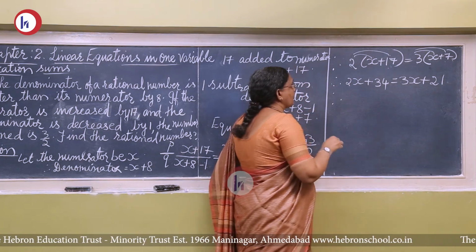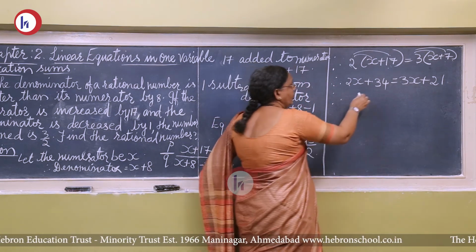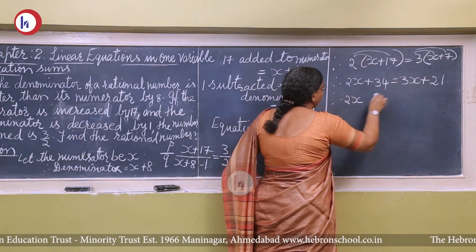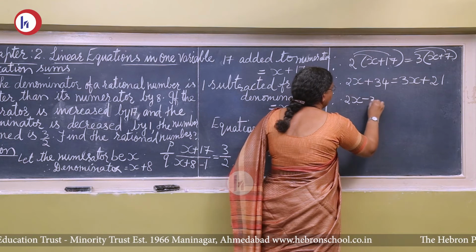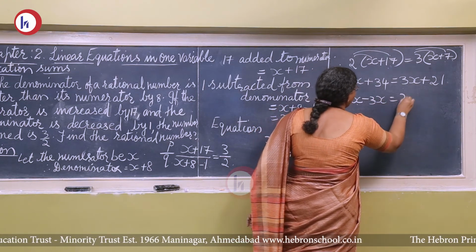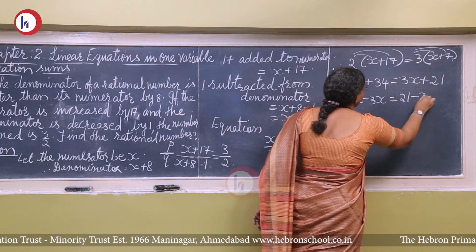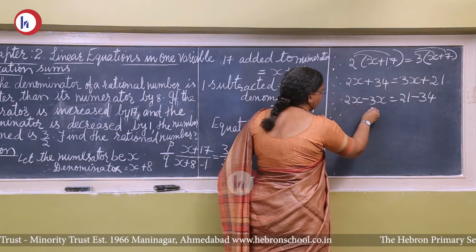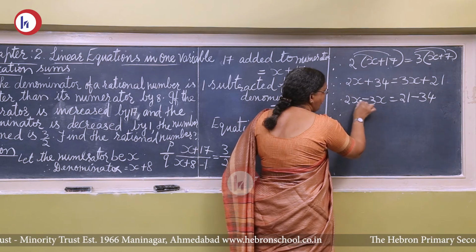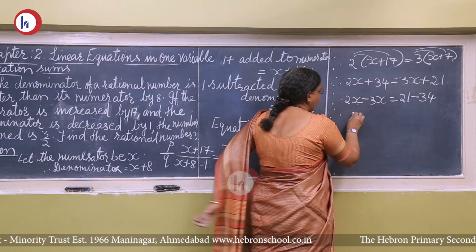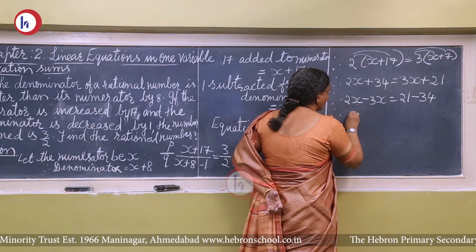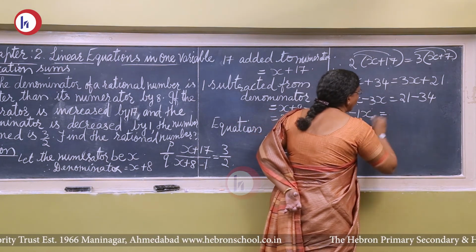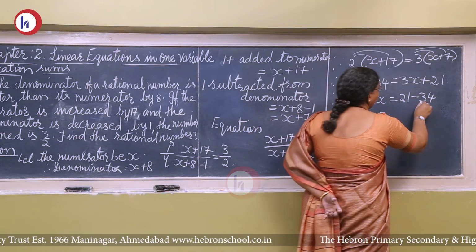Therefore, transposition can be done. That is, variables are taken to the left hand side. When 3x comes here it becomes minus, so 2x minus 3x is equal to 21 minus 34. Then 2x minus 3x, we take the sign of the greater term, so minus. 3 minus 2 is 1, and minus 1x is equal to 21 minus 34.